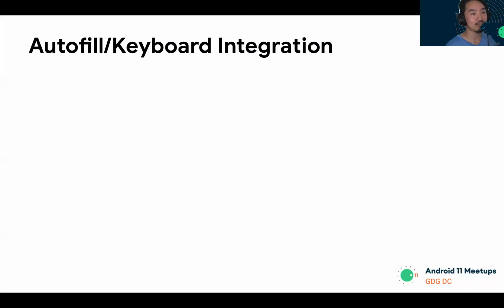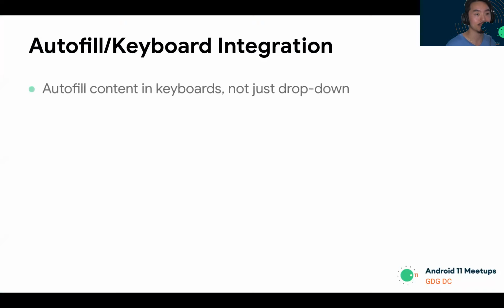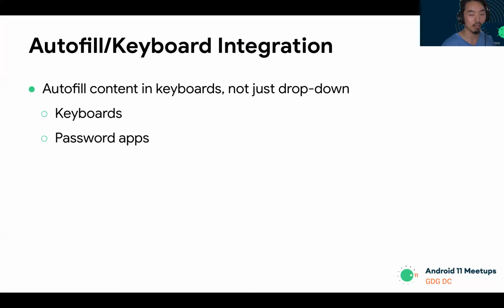Next up is autofill and keyboard integration. Previously, you might have had to do something like have a separate dropdown in the UI just to have some autocomplete. Now you have support for that in the keyboard itself, as well as if you're making password apps, there's integration with that as well, and you can hook into that.